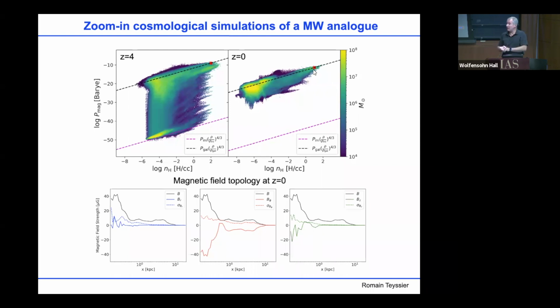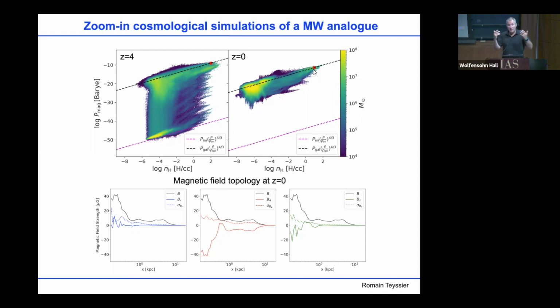Actually, these are the resolved motions. We do have some resolved turbulence, not at sufficient resolution, but this resolved turbulence will amplify the field a bit more. We have also the rotation of the disk, which will bring an additional amplification. It's not exponential, it's a linear amplification, but it still pumps the magnetic energy to a higher level.